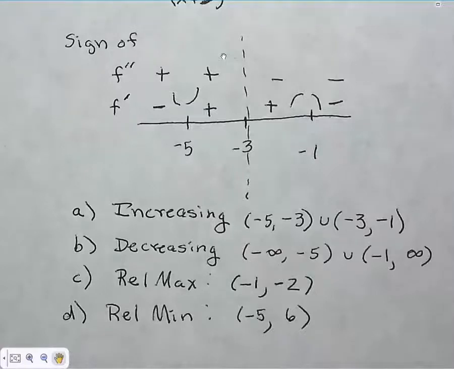Which brought to mind a very interesting question. How can there be a max at negative 2 and a min at 6 if 6 is bigger than negative 2? I don't get that. Hang on one second. Think about it. How is that possible? All right, tell me what you think.